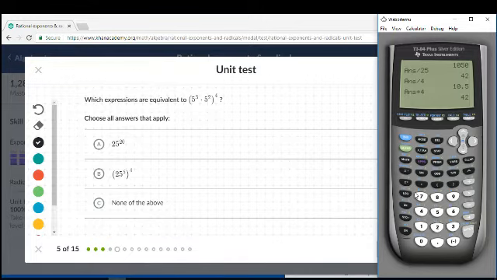Here's just a quick calculator trick for those who are actually watching right now. You can do 5 to the 3rd times 5 to the 4th, so 5 squared, all to the 4th power. That's equal to that number. And do 25 to the 20th.